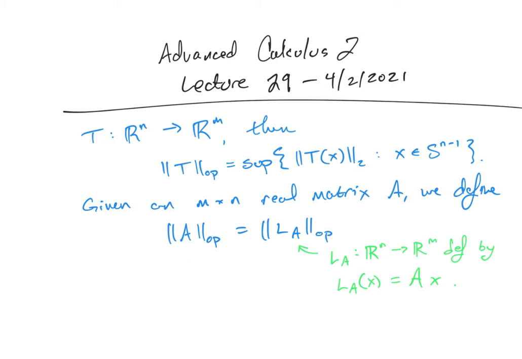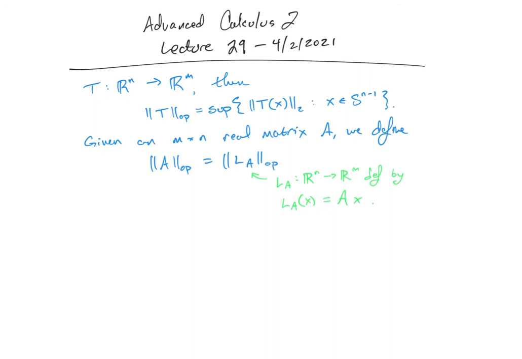Now, all of our results from the previous lecture translate to this context. So for linear transformations, I guess this is a result that we should have said last lecture. I don't know that we actually did.